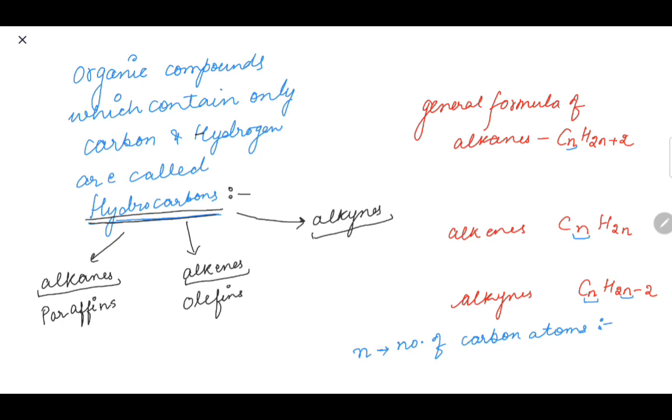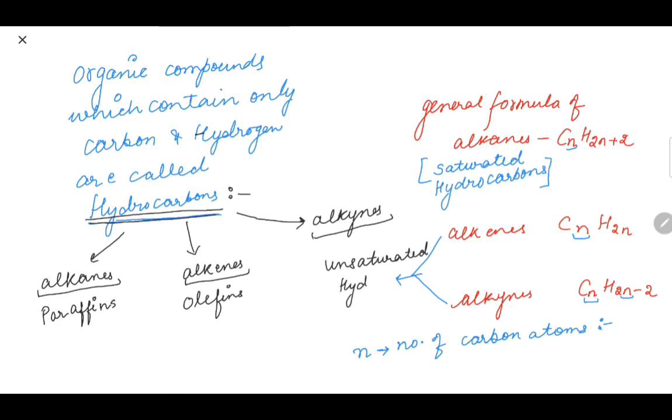So now, alkanes are also called by a different name. They're also called saturated hydrocarbons. And alkenes and alkynes have a common name. They are also called unsaturated hydrocarbons.